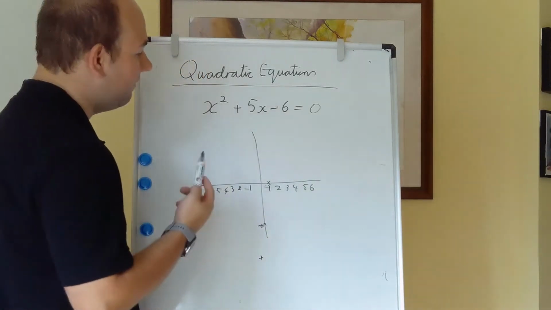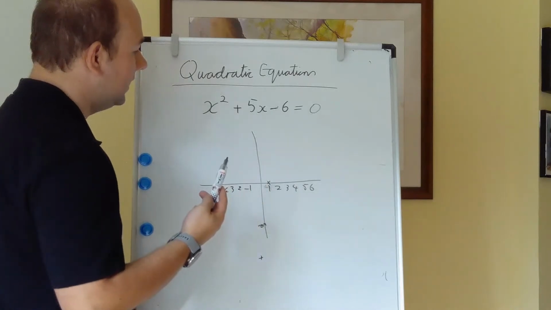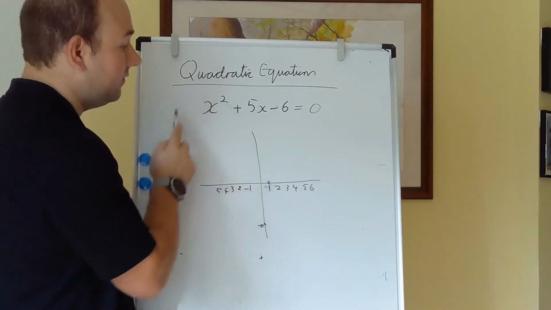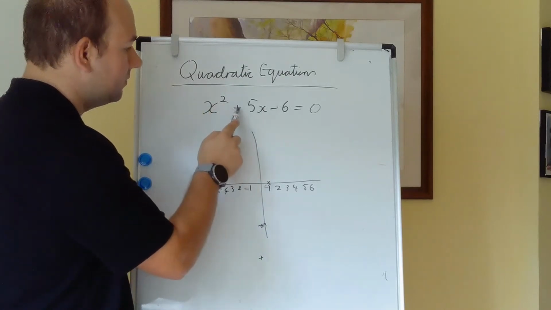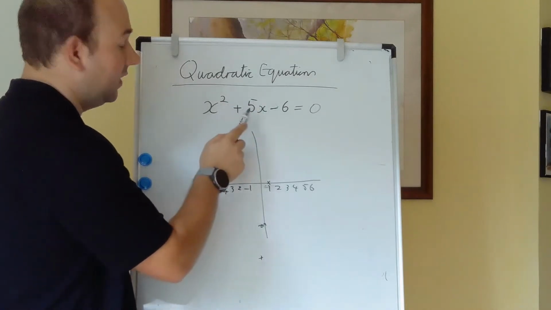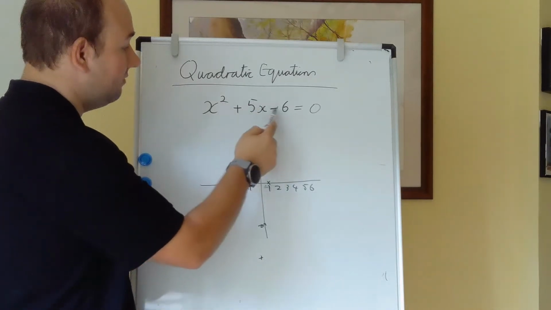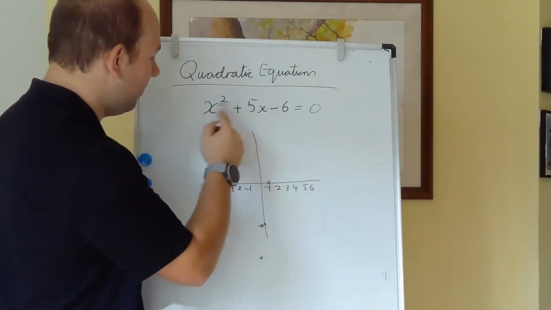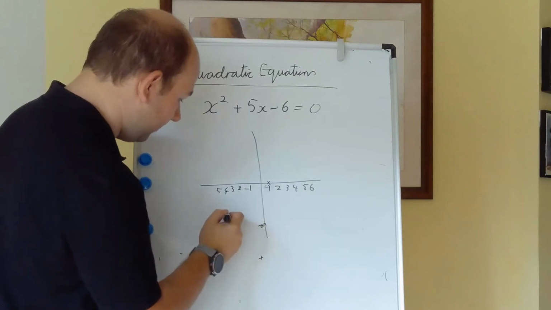We could try another number. Let's try 5, for instance. 5 times 5 is 25, plus 5 times minus 5, which is minus 25, so that's 0. Minus 6. So this time, when we try 5, we end up with minus 6.